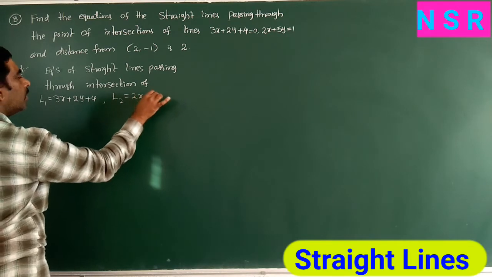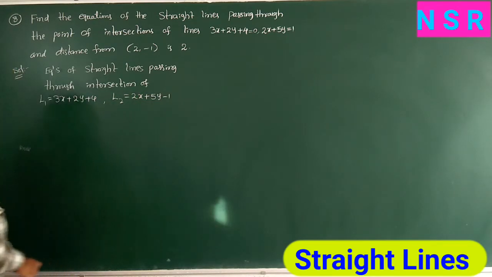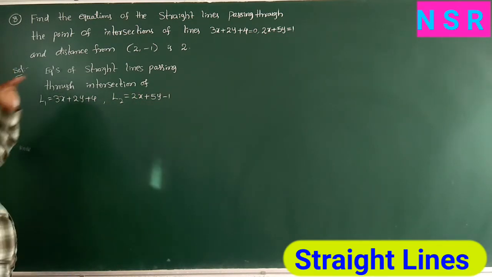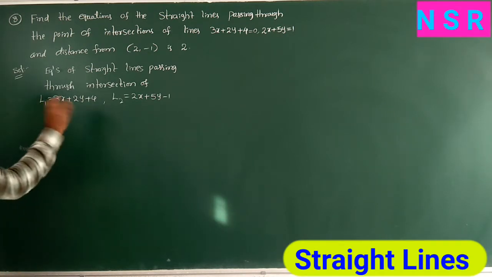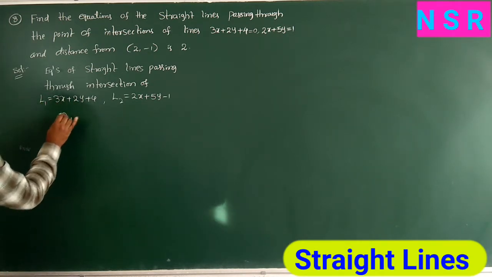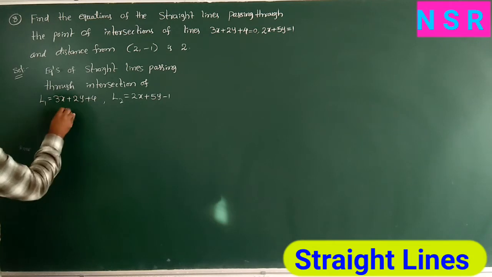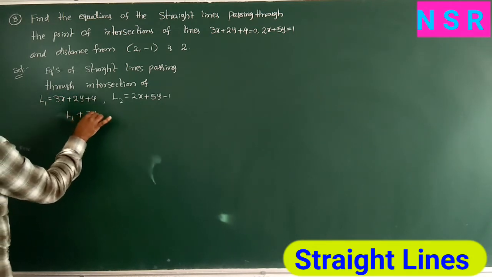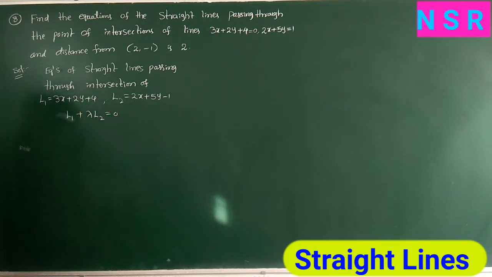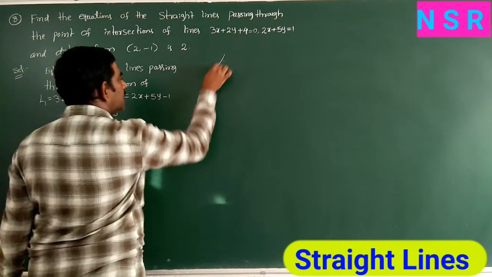2x + 5y, moving the one to this side, −1. The equation of a straight line passing through the intersection of two lines is L1 + λL2 = 0. So we have to find the straight lines.